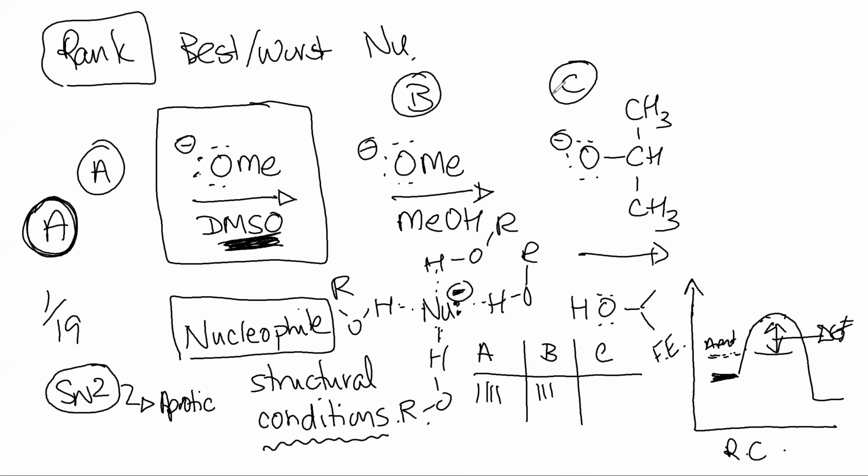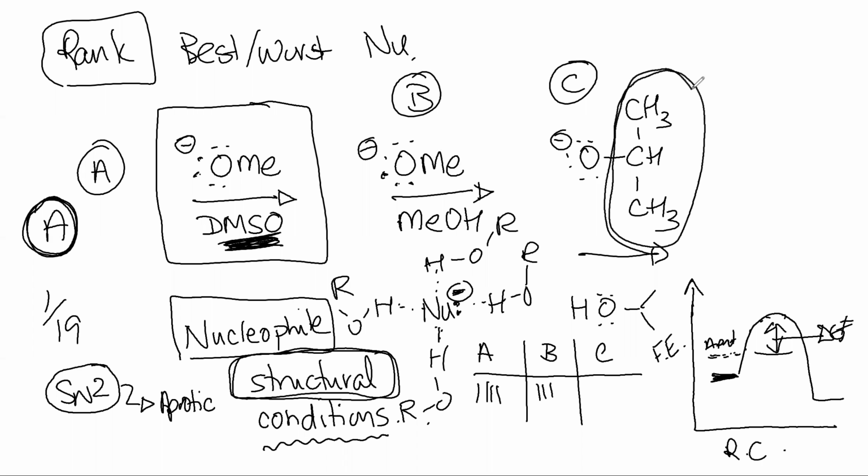And I did B or C for the second reason, and this is the structural part of this here. So oxygen's attacking, and remember, what do nucleophiles attack? They attack nuclei, so carbon. And I purposely made this one over here an isopropyl.